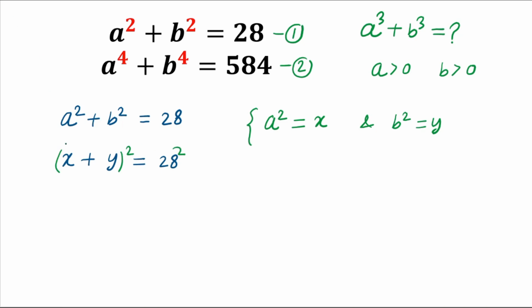in the left hand side we have x plus y whole square, and the value of x plus y whole square is x square plus 2xy plus y square, and this equals 28 square, which is 784.